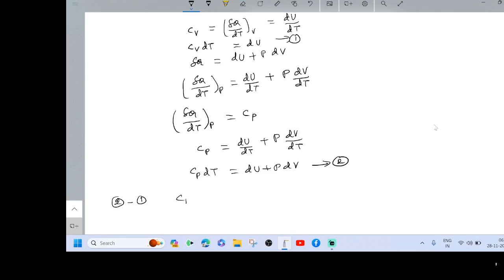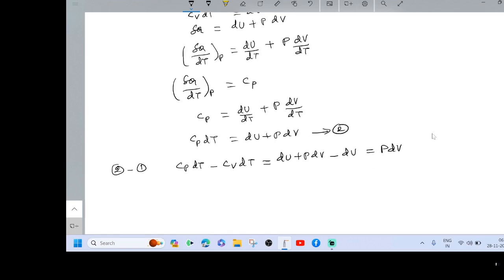That is Cp dT minus Cv dT, which equals dU + P dV minus dU, which is equal to P dV. Then this is modified as (Cp − Cv) dT = P dV.